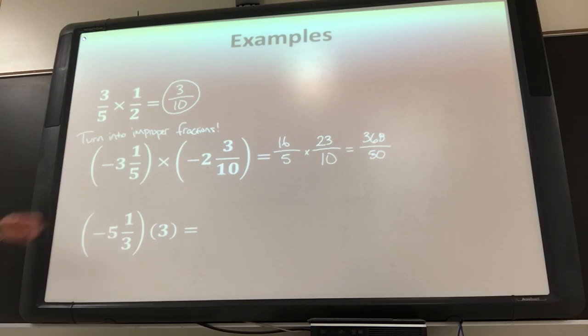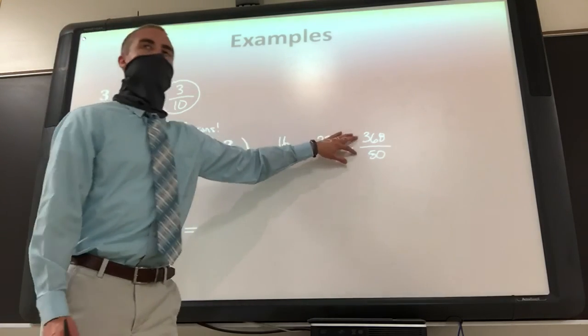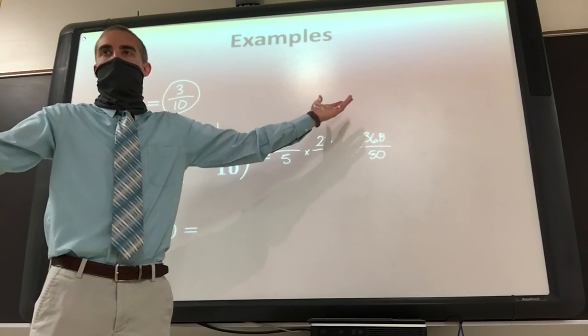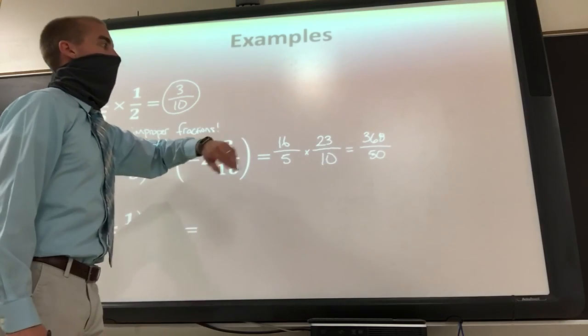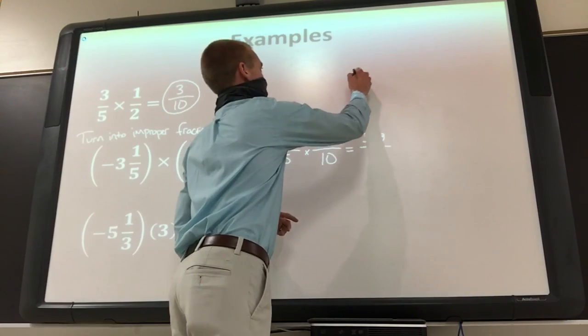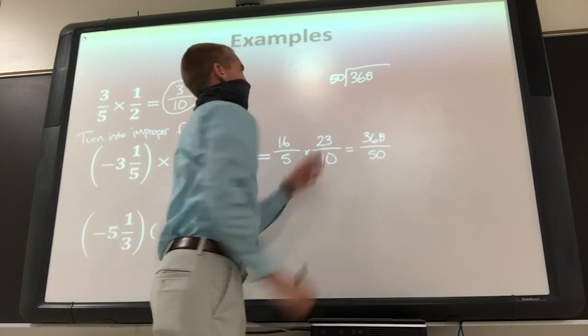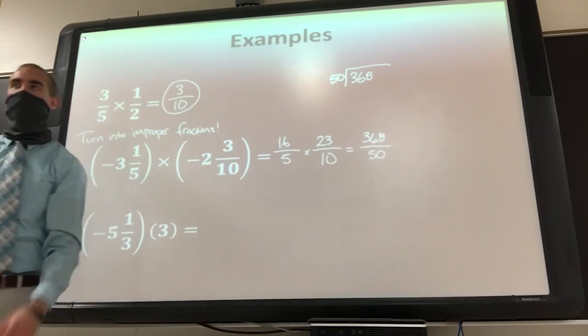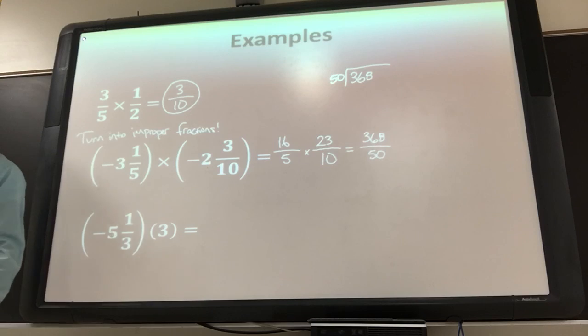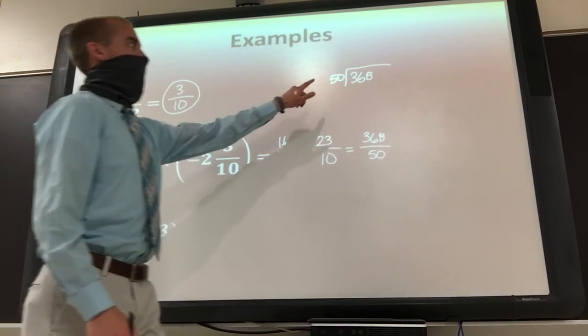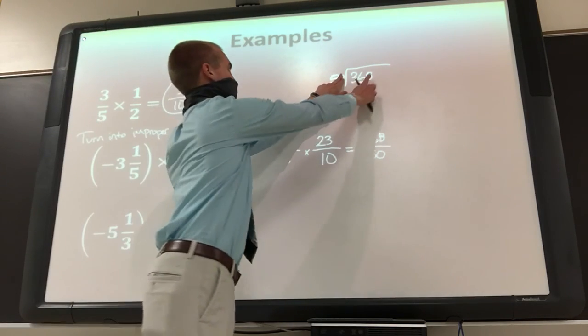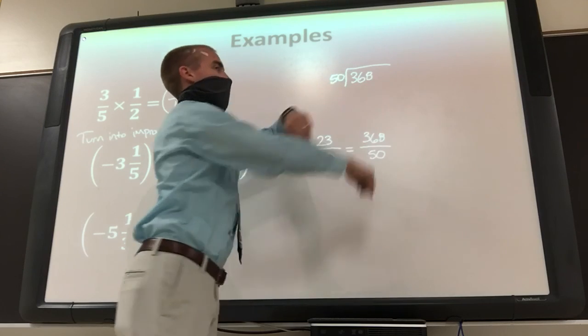Yes, we do. Let's say you went ahead and just made this a mixed number, which you can do. I want to show you one thing you'll have to do. We do 368 on the inside, 50 on the outside, and we've got to figure out how many times 50 will go into 368. Do that trick I showed you, cover up the 0 and the 8. How many times does 5 go into 36?